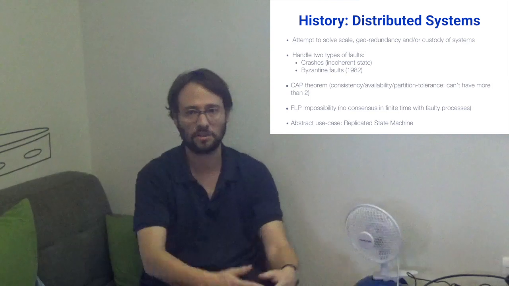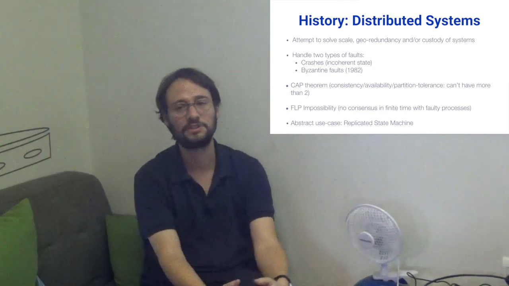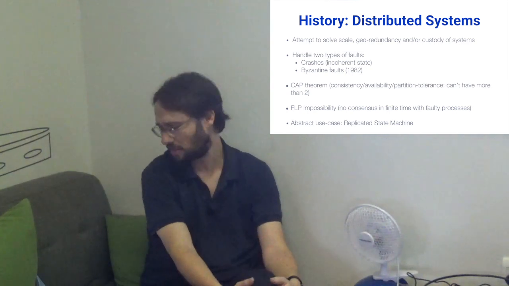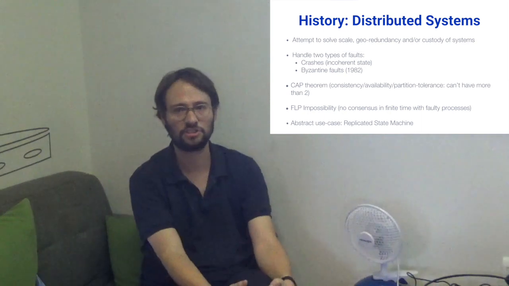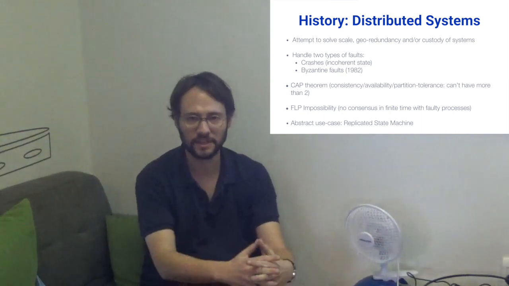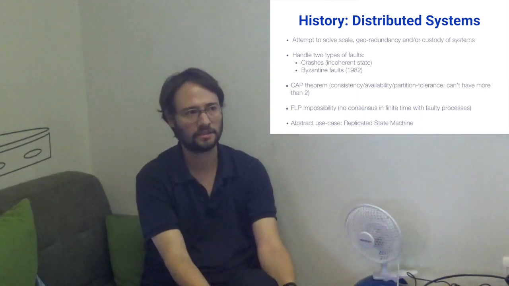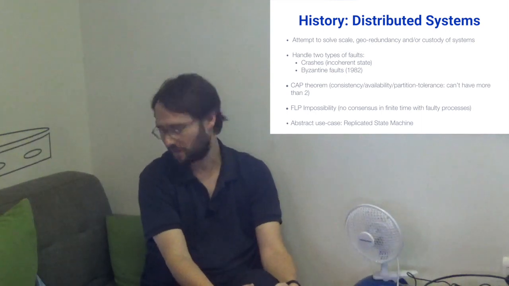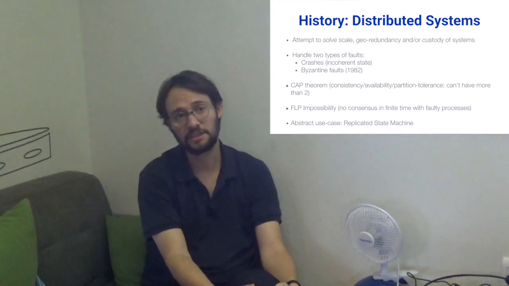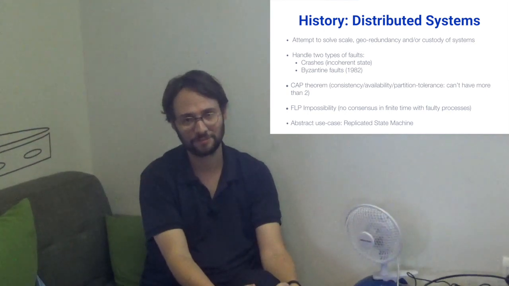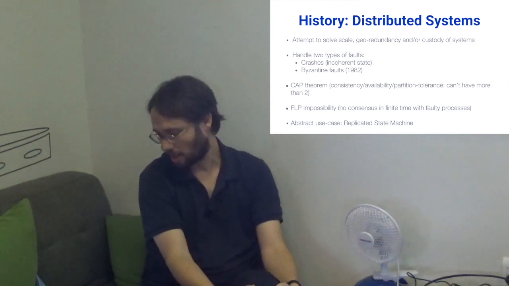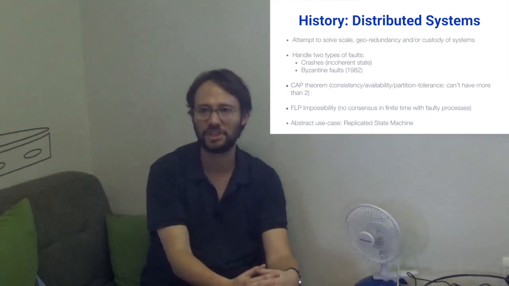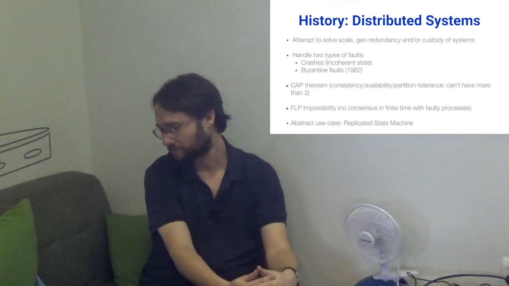You can have availability or liveness, which means that the system responds and that it's capable of writing and reading data. And you can have partition tolerance, which means that if the network is disconnected, you'd still have the system responding. But the CAP theorem states that you can have any two of these three, but you can't have all three. So that's one thing that limits us when we're trying to reach a good system for distributed consensus.